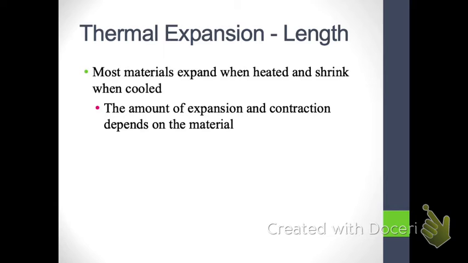So here's thermal expansion. We're going to start looking first at thermal expansion in terms of length. How do things get longer or shorter when they heat up or cool down? The amount to which a material expands or contracts with heat depends on the material itself. That's why I gave you that sheet that was passed out.